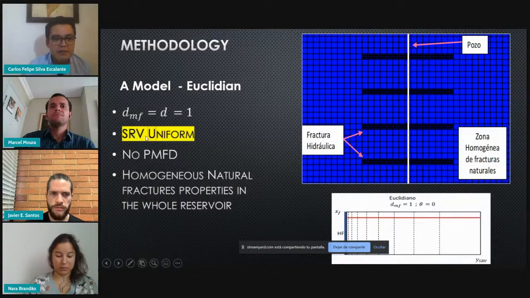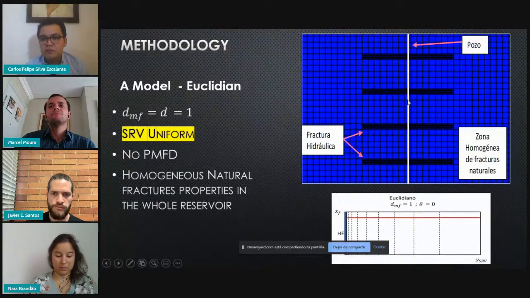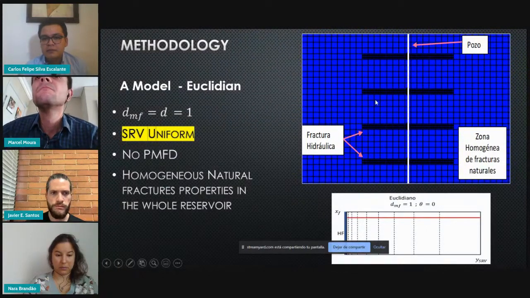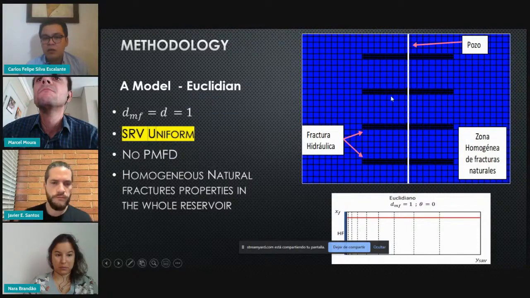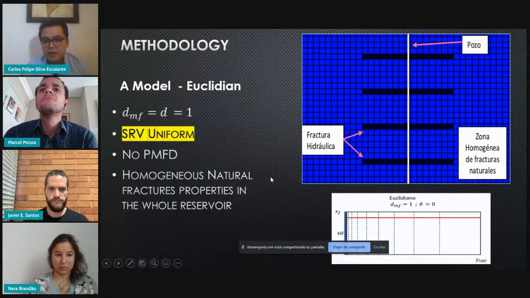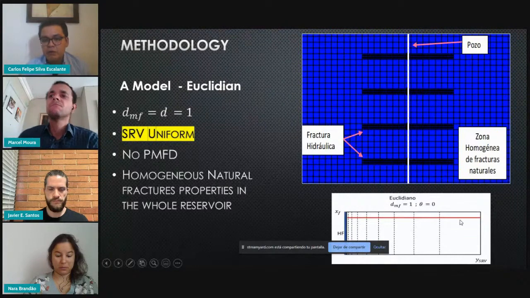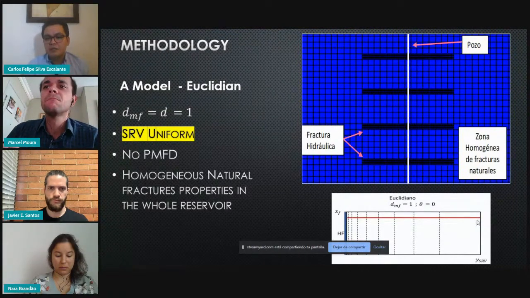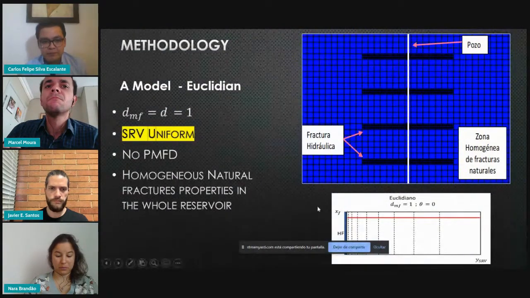This model has uniform SRV and no fractal, and homogeneous natural fracture properties in the whole reservoir. This is the well, and these are the hydraulic fractures, and all the blue zone in this image is the homogeneous natural fracture properties. Then the behavior of the permeability and porosity is this way.